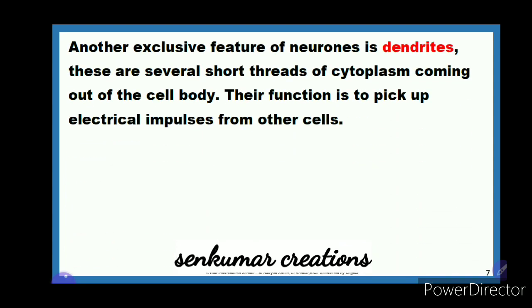Let's see the next. Another exclusive feature of the neuron is the dendrites. Okay, the axon we have seen, and the dendrites. Dendrites are on the outer side, around the cell body.